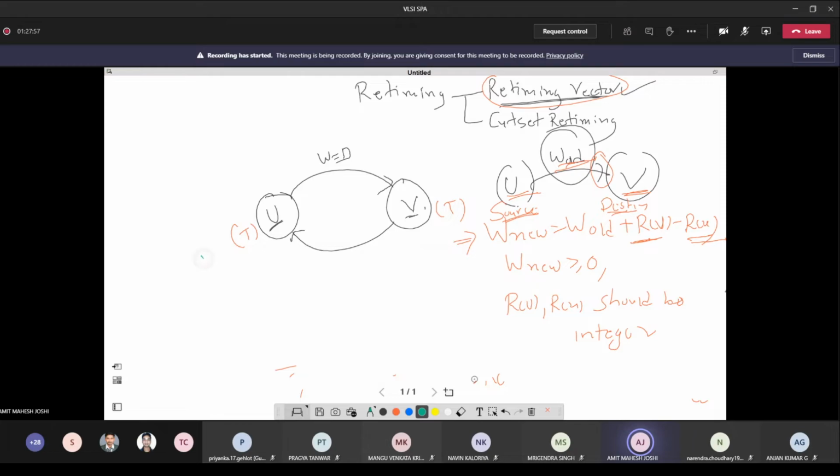The critical path for this graph is V to U. This is V and this is U. Sorry if my handwriting is bad. So V to U, that means we are talking about this particular path. What is the critical path delay?